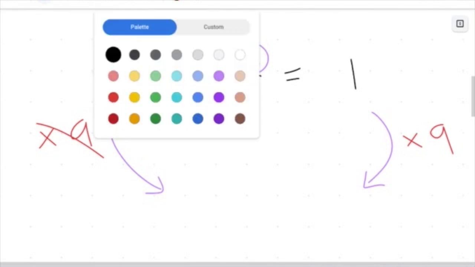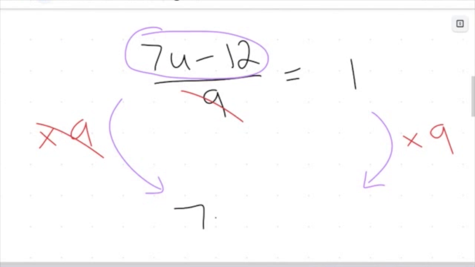Now, I'm going to then get 7u minus 12, and then 1 times 9 is just 9. So it makes sense that 7u minus 12 is 9, because 9 divided by 9 gives me 1.